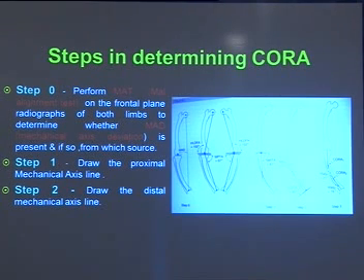Step 1 is to draw the proximal mechanical axis line of the bone and the distal mechanical axis line of the bone. Here, this is the proximal axis, this is the distal axis, and you measure the outer angle of the bone. If it is correct, that means there is no deformity in the femur, but there is a deformity in the tibia.